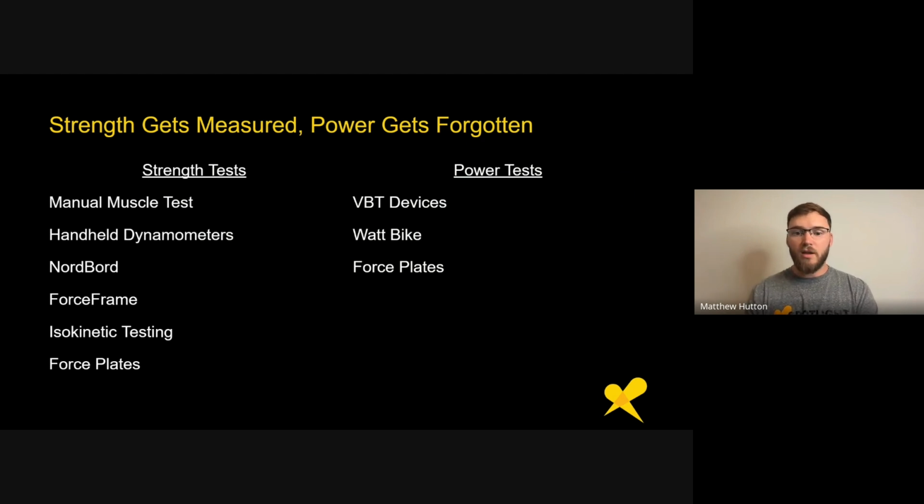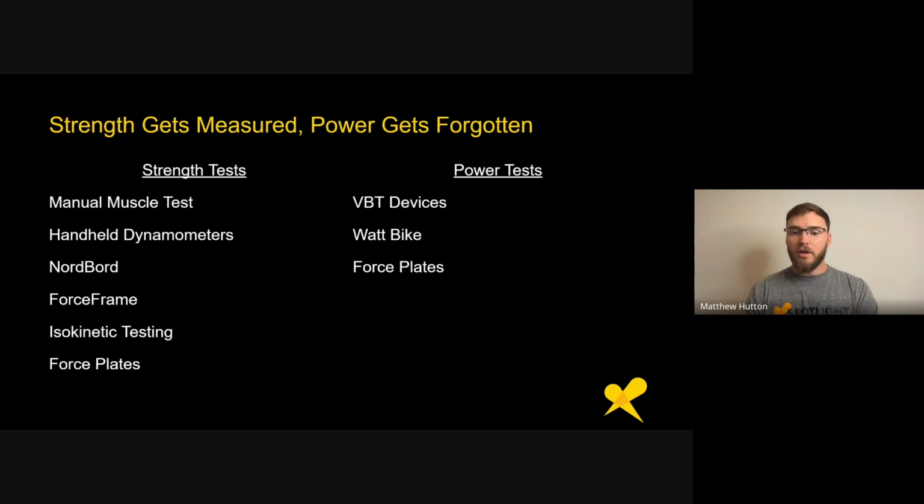I think that this is something that probably should be utilized more often. And I don't think the objectivity is crystal clear yet. I don't think that it's precise enough to maybe rely on, but I think it's more objective in terms of the velocity or the power output than just using your eye to gauge how fast something is moving.